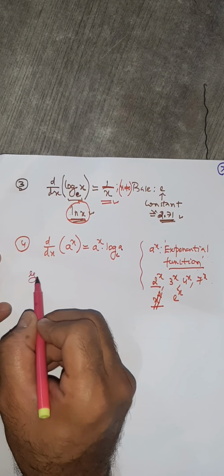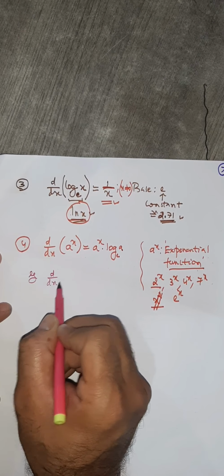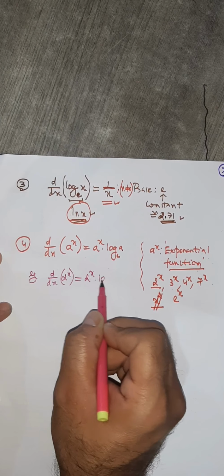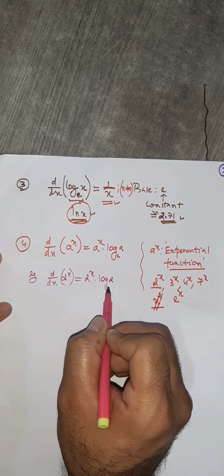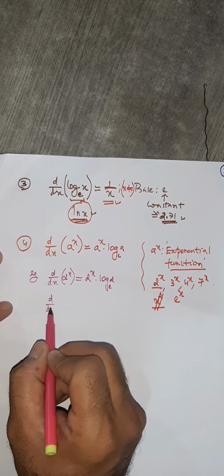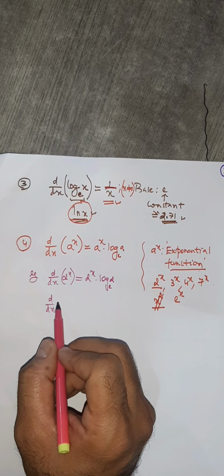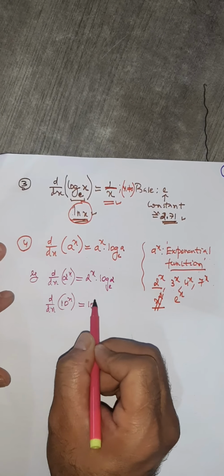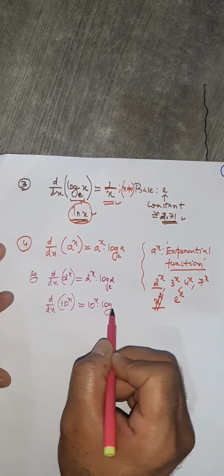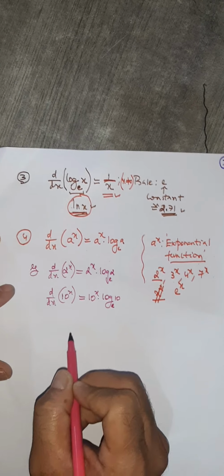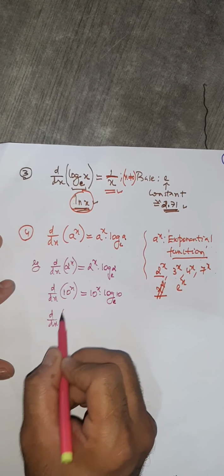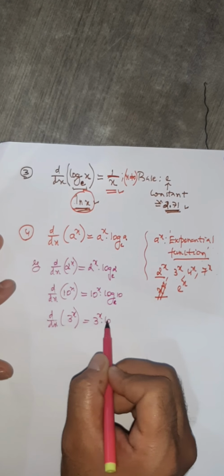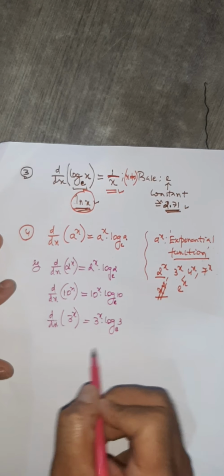For example, d by dx of 2 raised to x is 2 raised to x into log 2 to the base e. d by dx of 10 raised to x is 10 raised to x into log 10 to the base e. d by dx of 3 raised to x is 3 raised to x into log 3 to the base e.